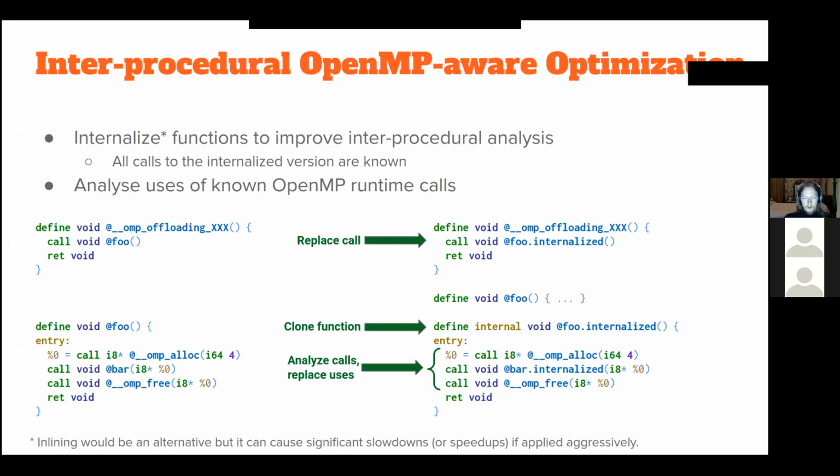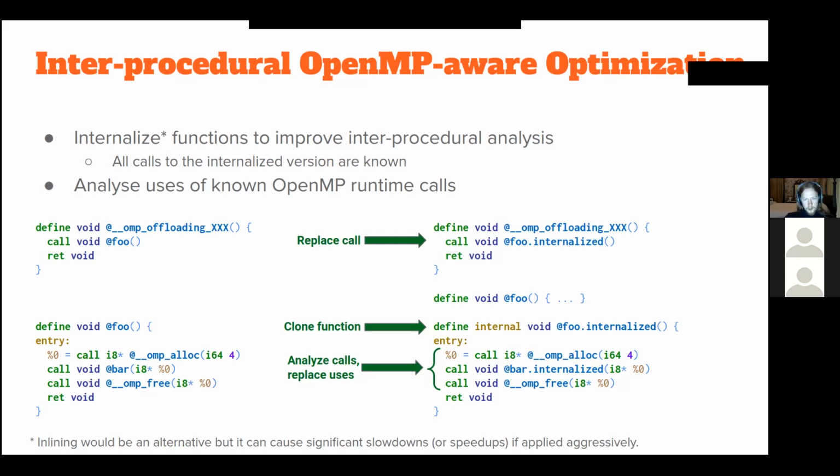We keep the old definitions around, but they're unused now in the module. So if anyone calls it, they'll get the old unoptimized version. But what that does is allow us to have basically a complete view per module of what this code is actually doing without needing to worry about any other things interfering. You can also get this through link time optimization, but that is another issue.